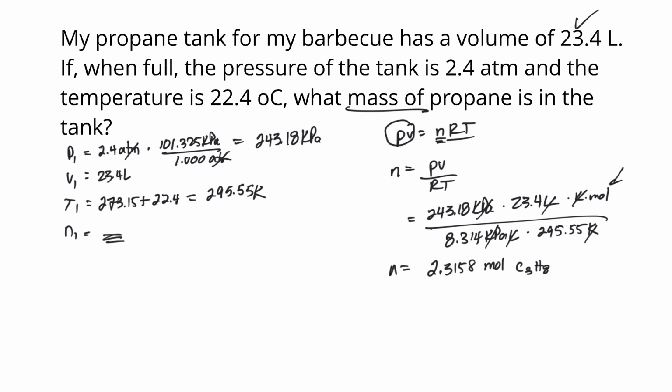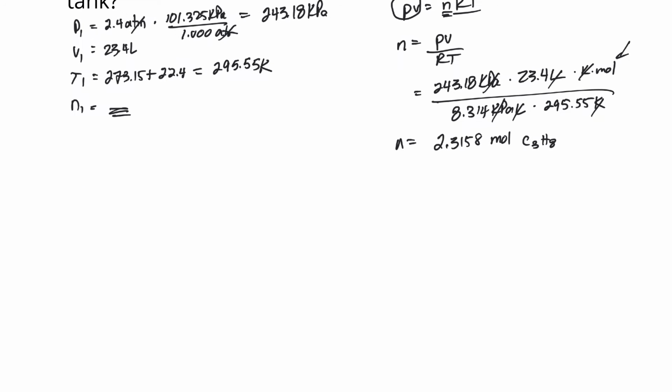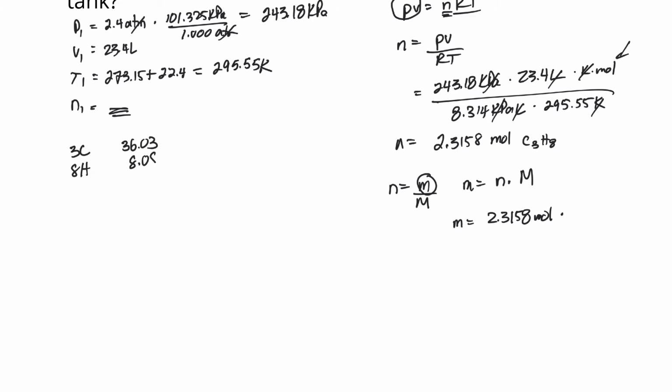So now my next step is to figure out the mass. I know that moles are equal to mass over molar mass. So to figure out mass, it's going to be moles times molar mass. So the moles are 2.3158 moles times the molar mass of propane. Okay, 3 carbons will give me 36.03, and 8 hydrogens is 8.08.